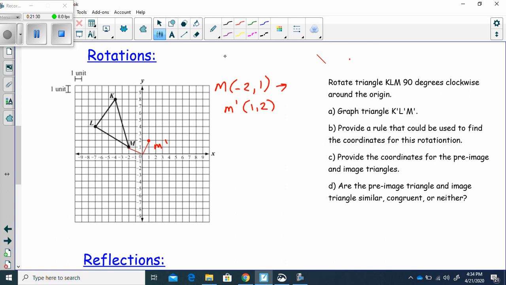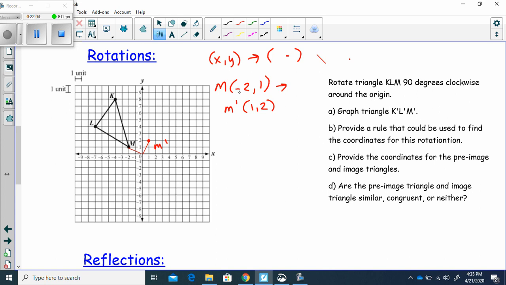They want us to have a rule for this, so let's see if we can do a rule for this. It might be easier to do this right here, and then we can find our other points. We started with an XY here, didn't we? To get from -2 to 1, I could add or something, but usually when you're doing a rotation, you're moving your X's and Y's around. Look, this was the Y. This was the X. I'm putting the X where the Y was, and I'm changing it from positive to negative.